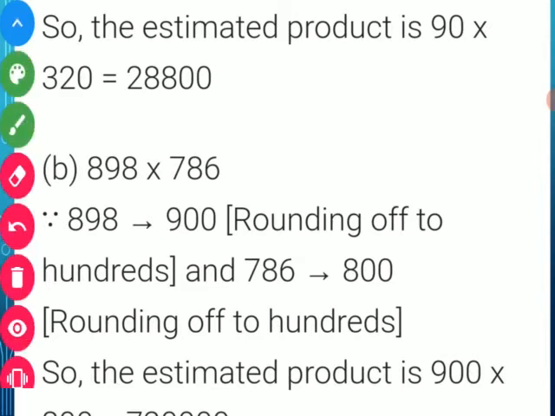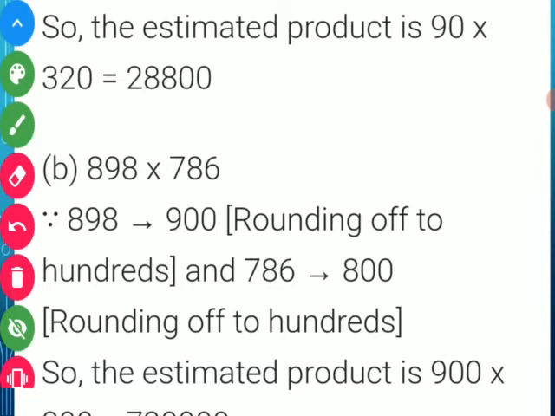Similarly, in the next one we have 898 multiplied by 786, and no instruction is given about the degree of rounding. If only "estimate" is given and 3-digit numbers are involved, with nothing saying to round off to the nearest tens or 100, then do a rough estimation.